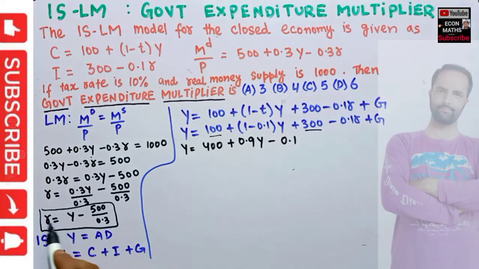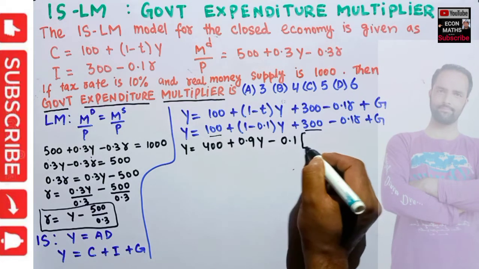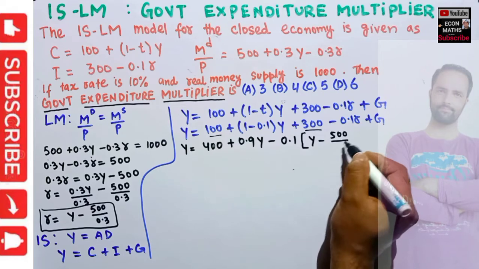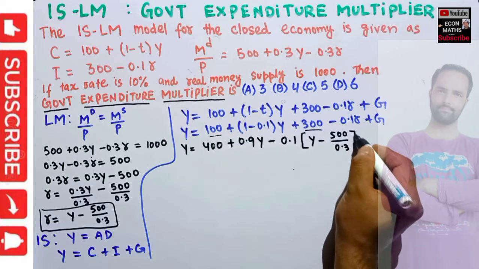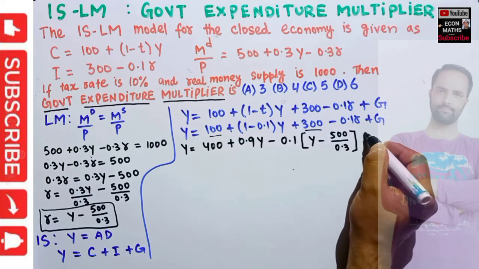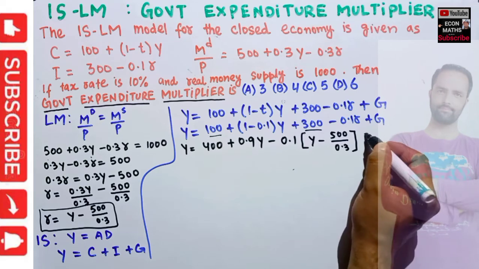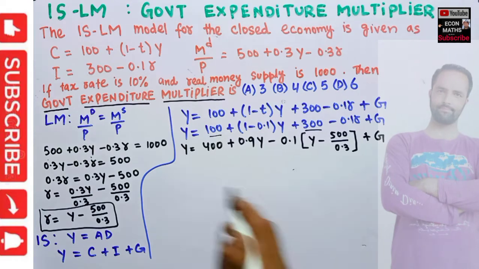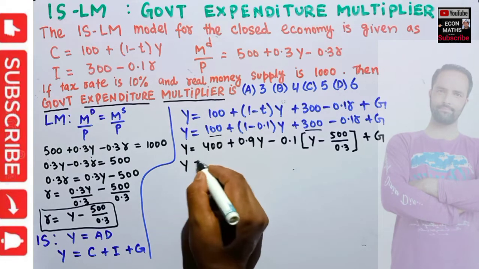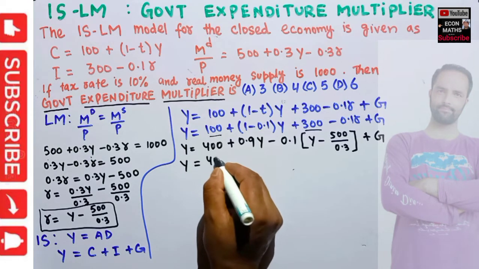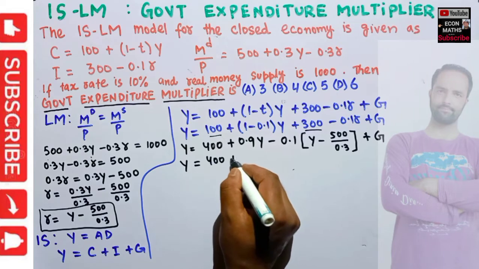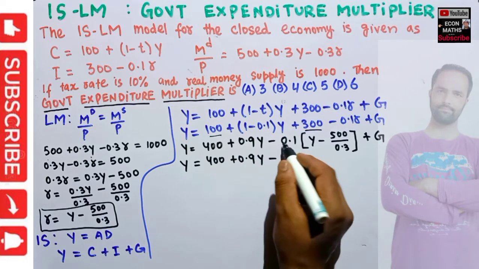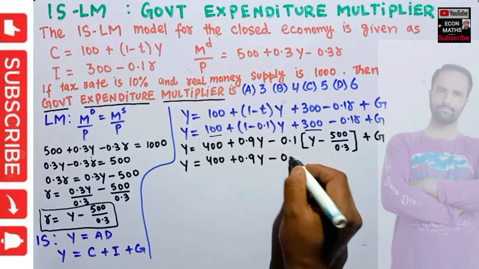Now the value of r we calculated here is y minus 500 upon 0.3, plus the government expenditure. So our y will be equal to 400 plus 0.9 y minus 0.1 y.